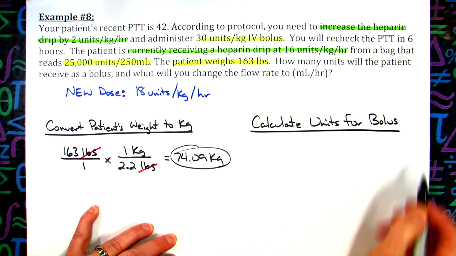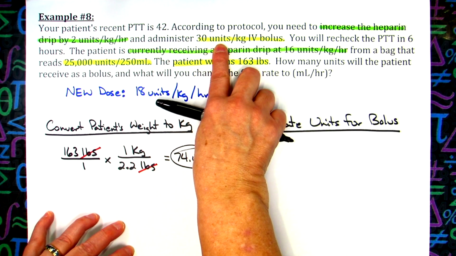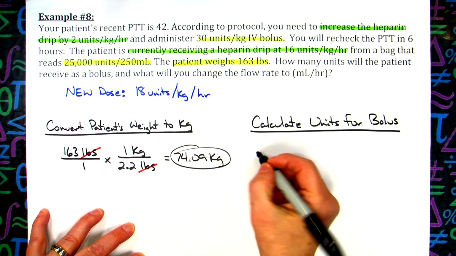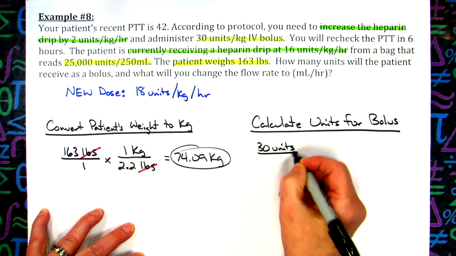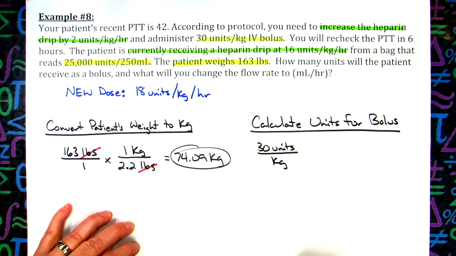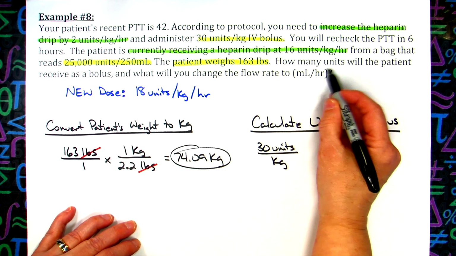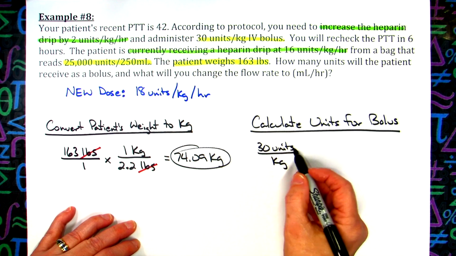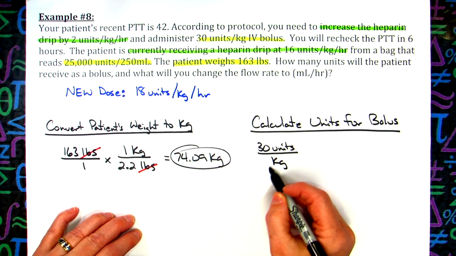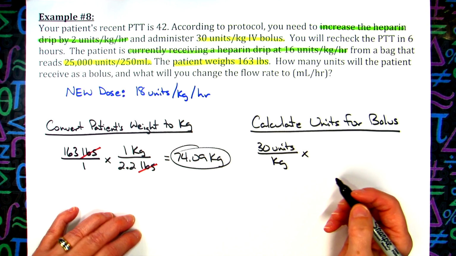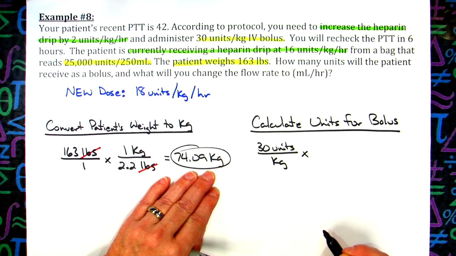What we're going to do is start with our 30 units per kilogram. If I'm sticking with this idea of unit analysis, I just need to know how many units the patient's going to receive. Right now, I've got units per kilogram. That should tell you that you've got to use the patient's weight. So this weight has got to go on the top, so the kilograms cross out and I'll just be left with my units.